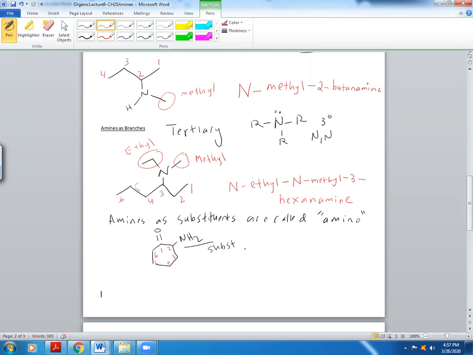So you have NH2, that's called amino. And it's occurring at 2. So we call that 2-amino. And I don't know if you remember, you should, that this is called a ketone, which is called cyclohexanone.